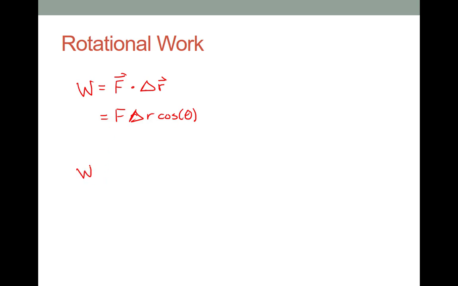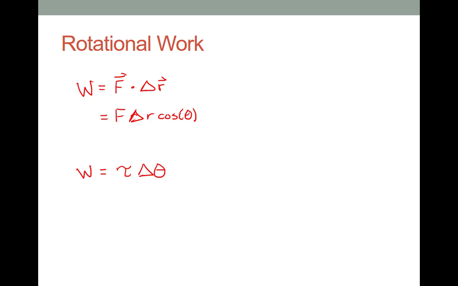We can now write the value for rotational work. It's a scalar, so there's no magnitude. It's going to be the torque multiplied by the change in angular position that happens.